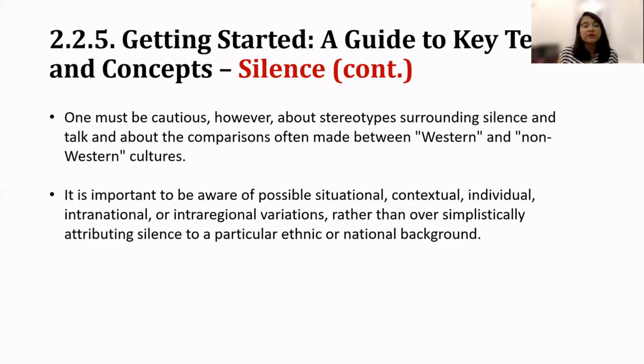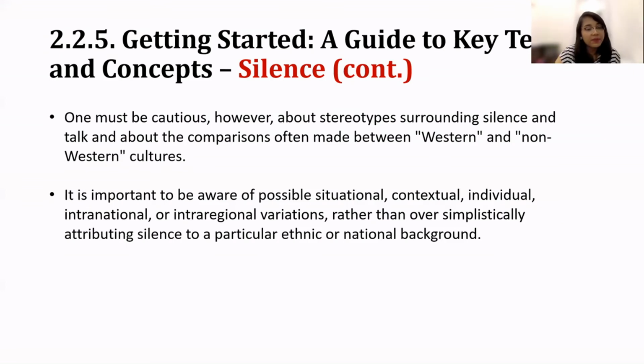Like here, be aware of possible situational, contextual, individual, and many other variations that may create differences. So do not create stereotypes, although we have discussed this part.